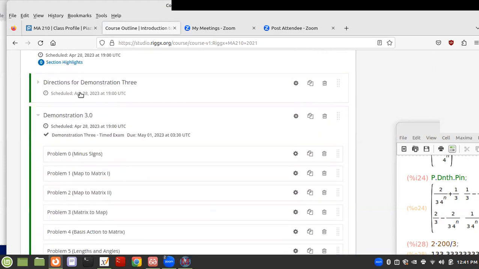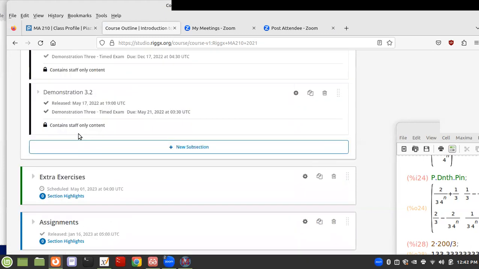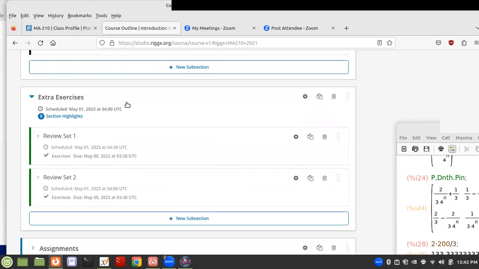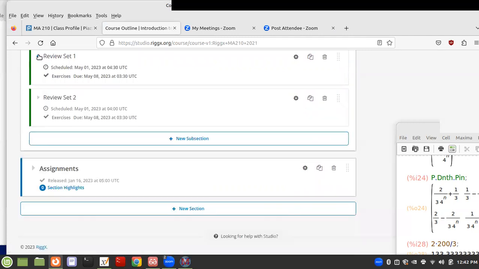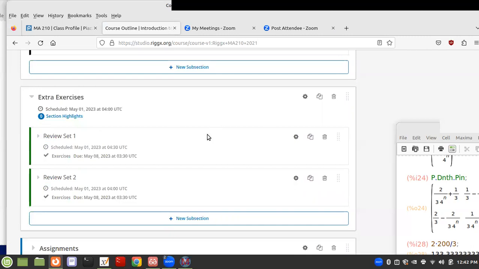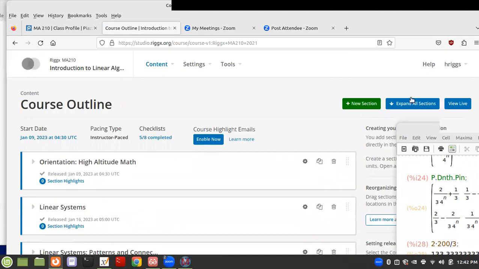And then the other thing is that there will be 2 exercise sets, formatively named problems 1 through 7. Each of these exercise sets is optional, and they just allow you to make up for a missing exercise set from before.